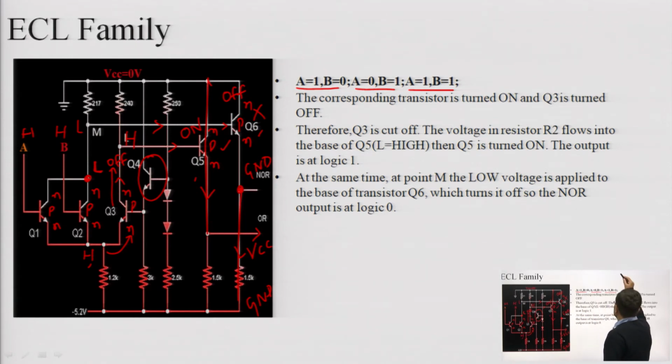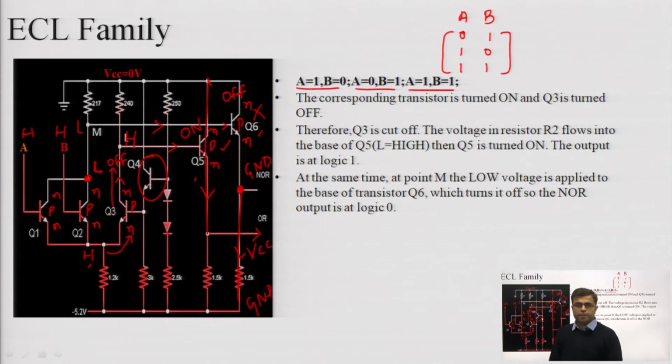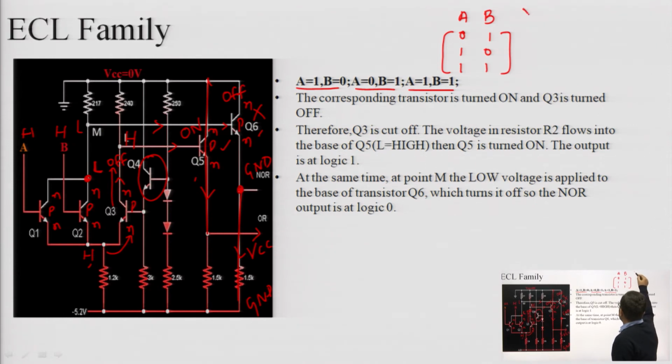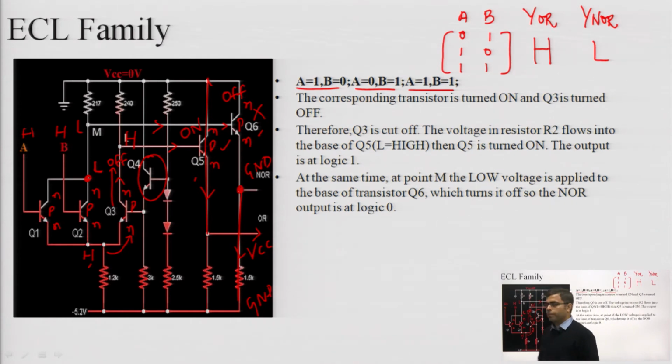So we can summarize as, if A, B are 0 0, 0 1, 1 0 or 1 1, that means if at least one of the inputs is high, then in that case my Y OR will be high and Y NOR will be low. So this completes the entire truth table for the OR and NOR gates. So in this way this ECL family is operating.